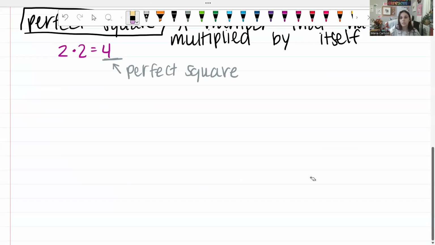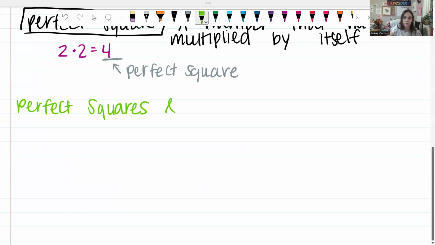Let's list out, we need to know our perfect squares and square roots. So we're going to make ourselves a little cheat sheet here. Perfect squares and square roots.